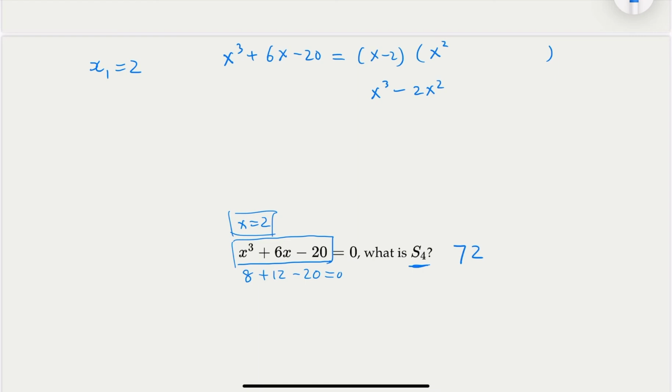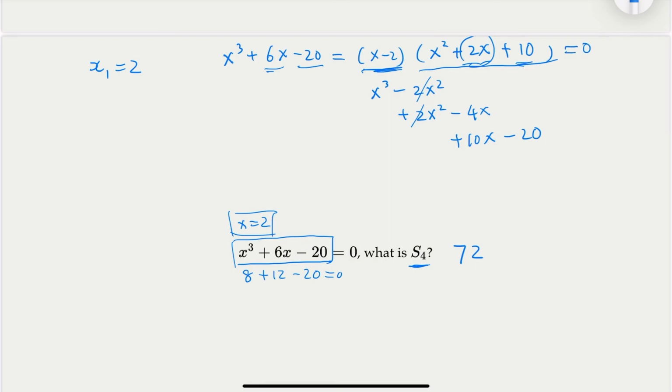But then you need to get rid of this 2x squared, so you need plus 2x. 2x times this gives 2x squared minus 4x, and then you need plus 6, so you need plus 10x here. For the 10, if you multiply by x minus 2, it will be minus 20, exactly what we have. So this is a factor and equals 0.